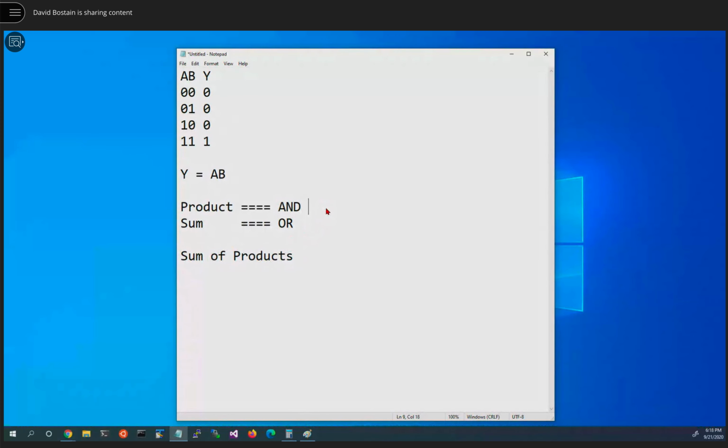So we describe this looking like multiplication in other algebras. We do this guy looking like addition in other algebras. So since this looks like multiplication, that means we're really doing an AND function.